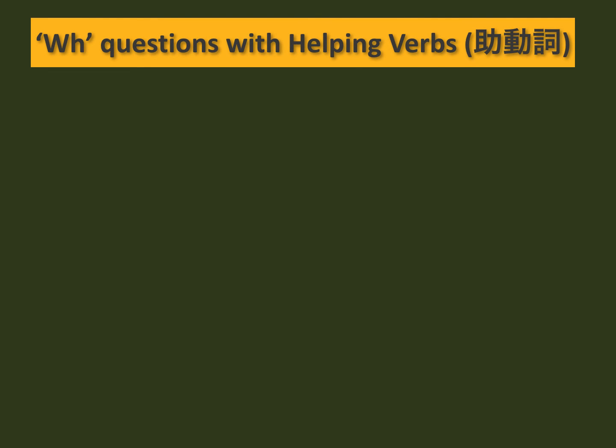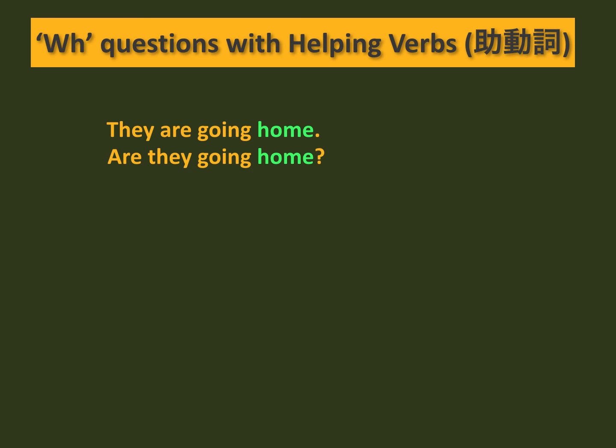We now look at the questions with helping verbs. Here comes a standard sentence and the yes-no question form with the helping verb in front of the subject. That's not a be verb, that's a be helping verb. It's helping to change meaning. Now you see the WH part in front of the helping verb, and you can see it's the topic of the question, equal to home.